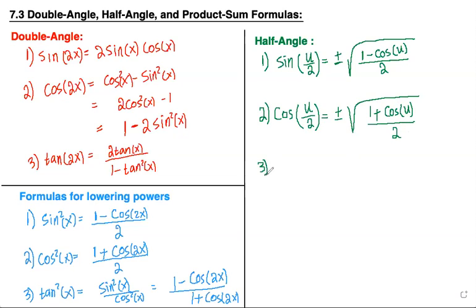Third one is the tan of the half angle u over 2, which is equal to 1 minus cosine of u over sine of u, or this is equal to sine of u over 1 plus cosine of u.